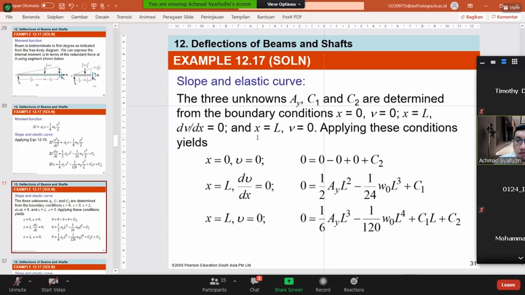You can see here from the boundary condition, we can get C2 equal to 0 and C1 equal to this part. This is equal to C1. So this is the deflection where x equal to r, deflection is 0.